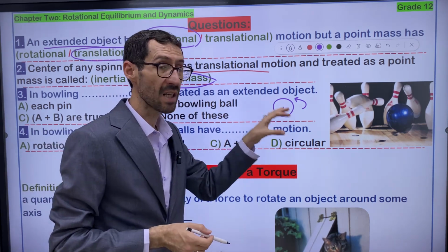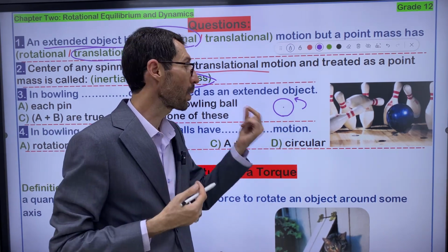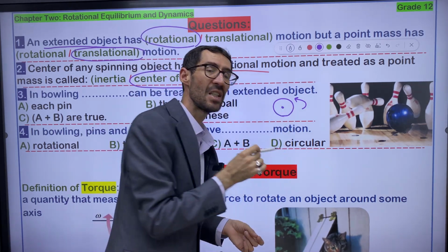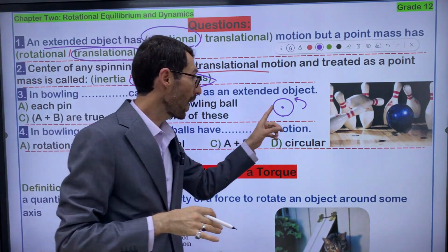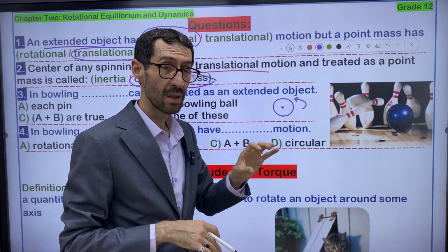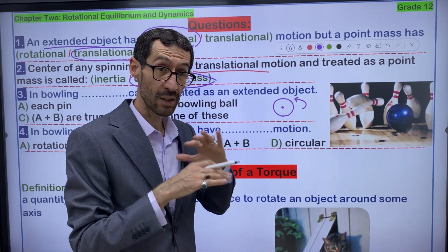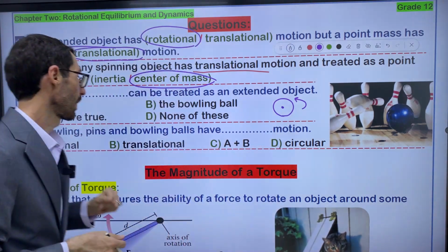The objects rotate, but one point of the object, which is exactly the center of mass, does not rotate. So one point within any spinning object has a translational motion and does not rotate. This point is called center of mass.